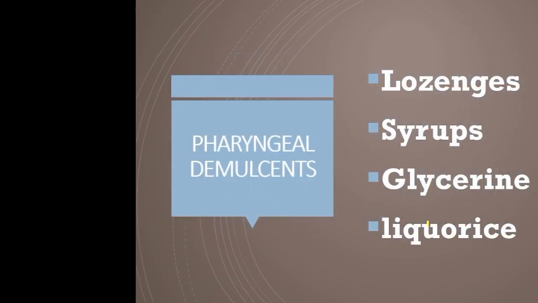And what are the drugs used to treat cough? First of all, pharyngeal demulcents. This is one type of classification of drugs to treat cough. What are pharyngeal demulcents? They soothe the sore throat and relieve the pain in the throat.